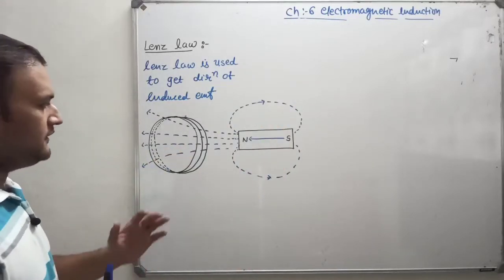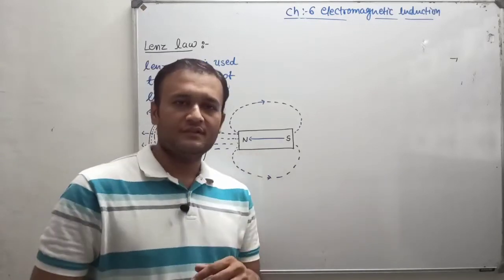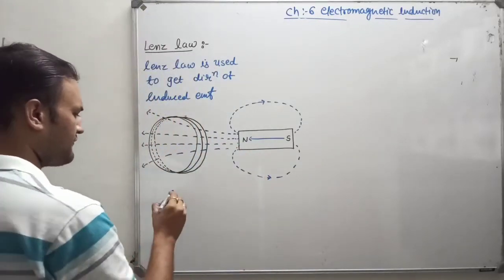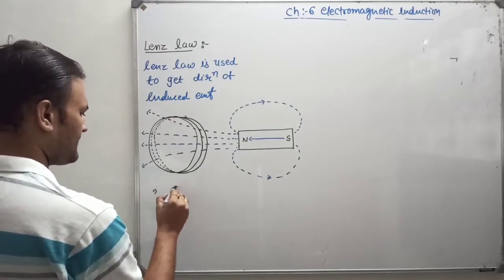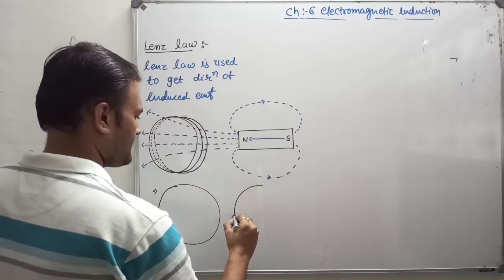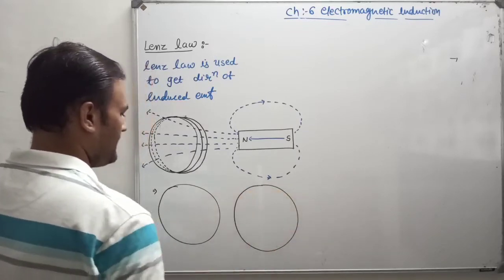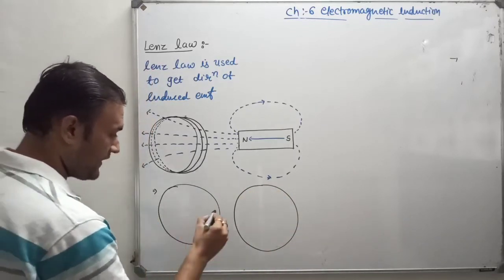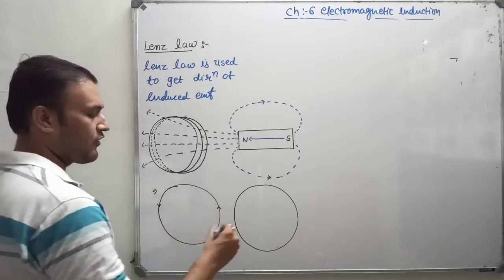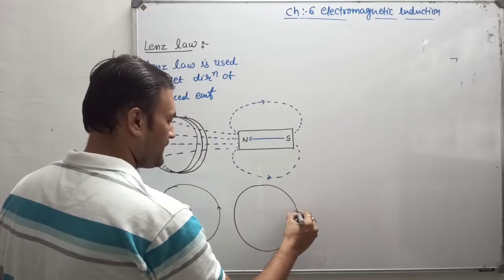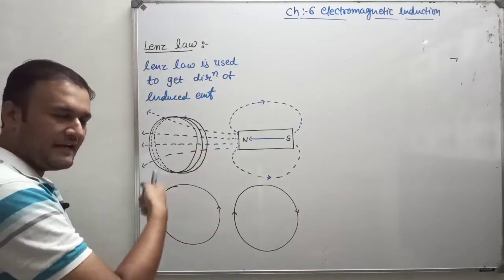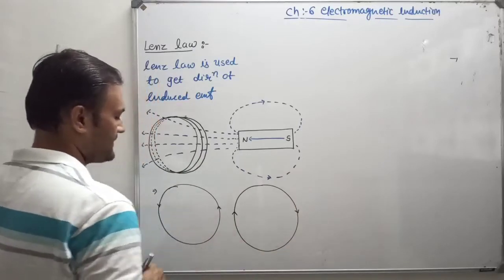First of all, from this situation we decide some concept, and what we have to decide here is that the coil is given. I will just take 2 examples: if the current flows anti-clockwise and if the current flows clockwise. Here anti-clockwise, here clockwise.